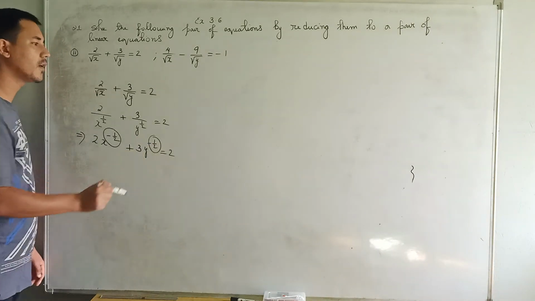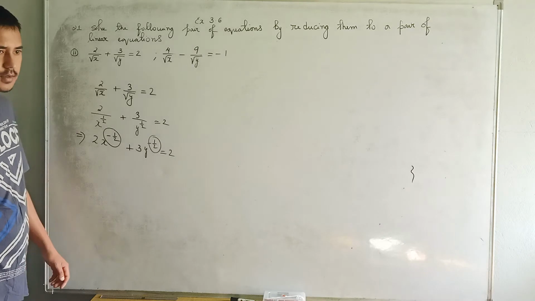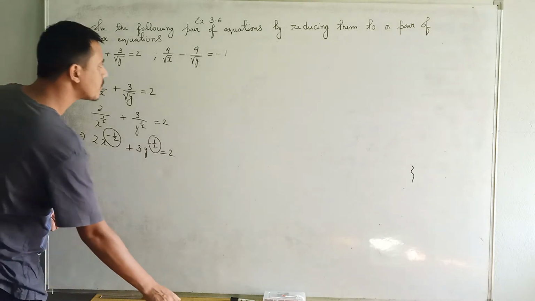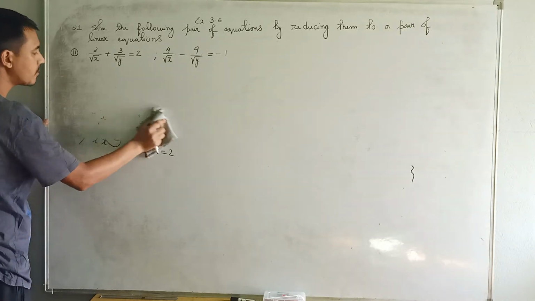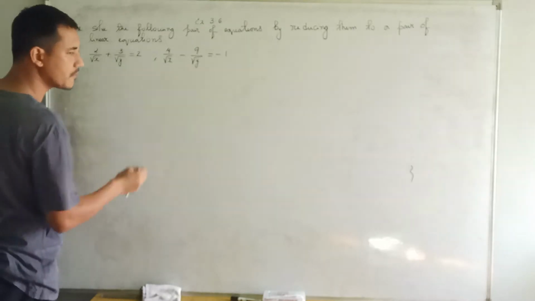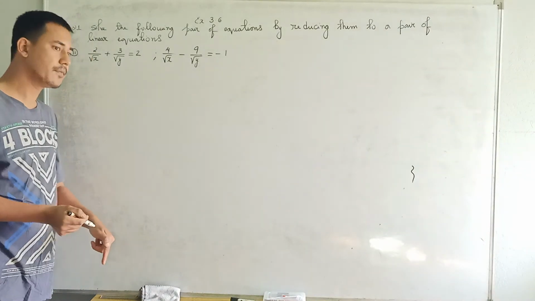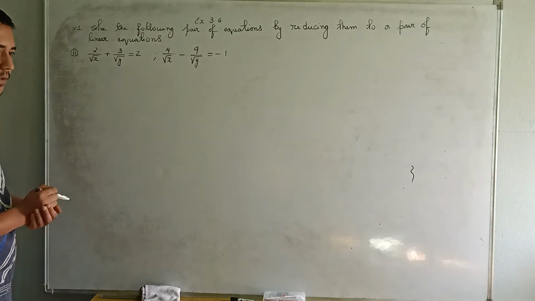The power of y is also negative 1 by 2, which is not linear. So we have to first transform or reduce this given pair of equations to linear, and only then can we simplify it further. Are you following me?